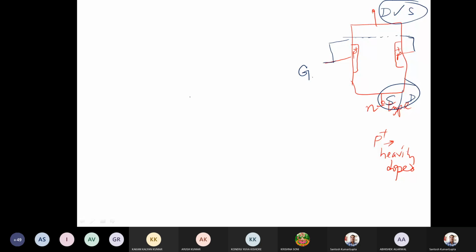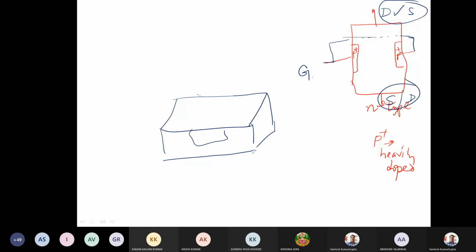So one can have, say, one substrate like this here, and into this one can etch some regions from both sides. It is not able to be shown here. Inside this, these regions are doped P type, and this is N type.